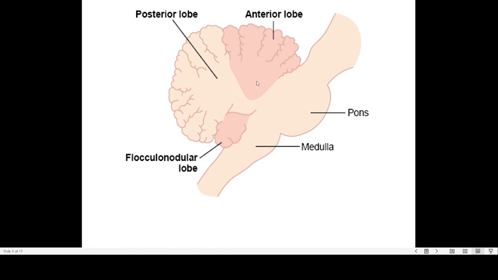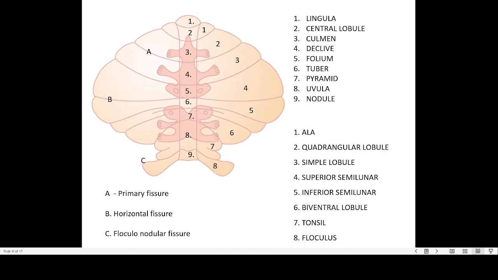This cerebellum is connected to three portions, the midbrain, the pons and the medulla, by communicating fibers between the cerebellum and the brainstem. These are called peduncles: the superior cerebellar peduncle connects to the midbrain, the middle cerebellar peduncle connects to the pons, and the inferior cerebellar peduncle connects to the medulla. This is the side aspect.